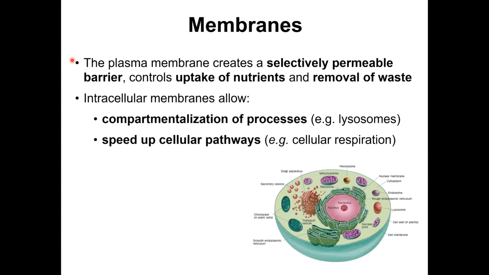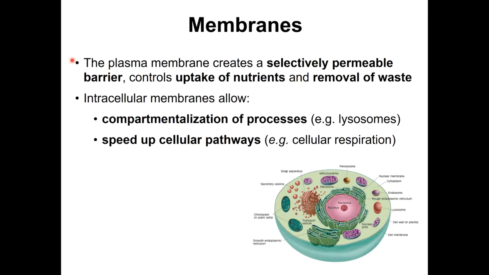So they represent a barrier that controls the movement of material coming in and going out: the nutrients that need to be brought in and the waste that needs to be moved out. We'll talk about that in the next lecture, how this is achieved through diffusion, active transport, and so on. But here we focus only on the structure.